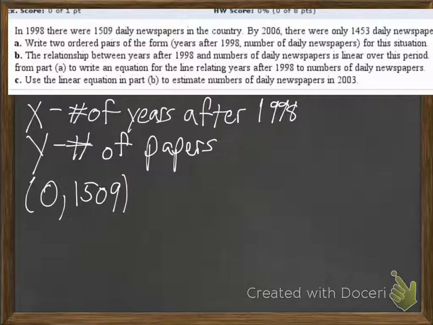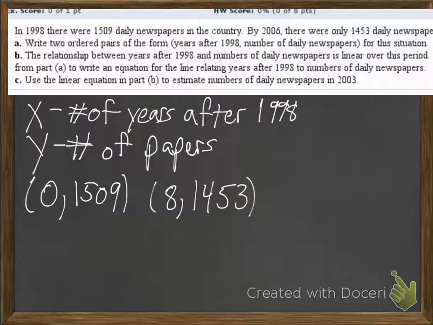Continuing on, in 2006, which would be 8 years after 98, so x equals 8, there were 1,453 papers. And that's what we want to do in part A. We write the ordered pairs in the form years, number of papers.